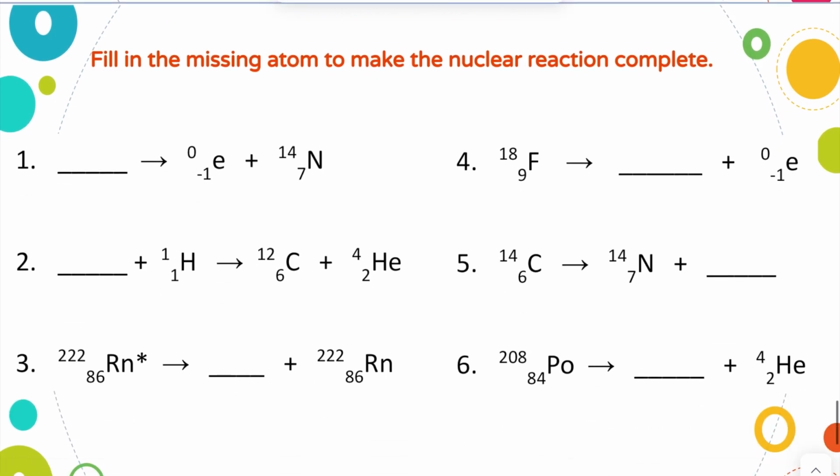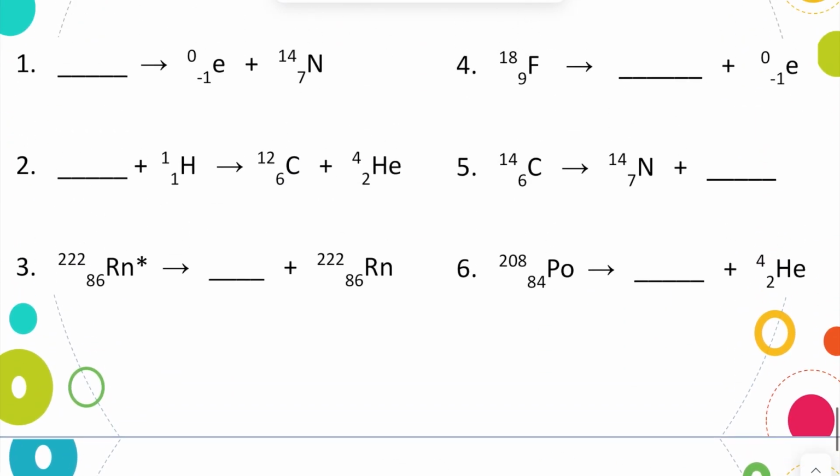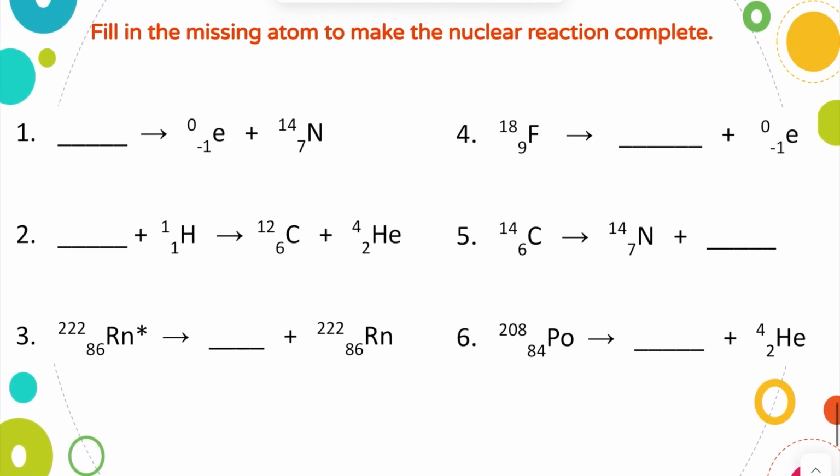So we've got some nuclear reactions here. Let's go ahead and complete this. And again, you're going to need a periodic table once we get to the part of figuring out what element that is. So as we look, we have something that is breaking up, and then we have this electron plus that 14/7.